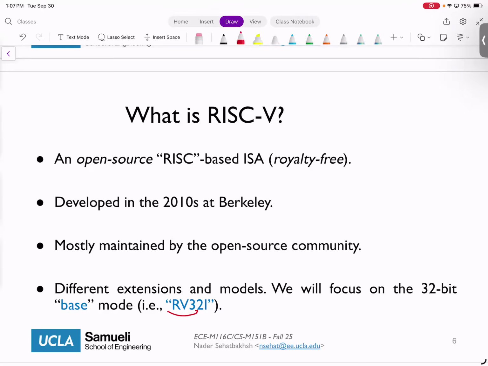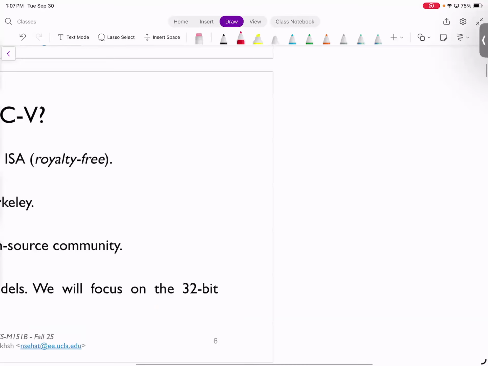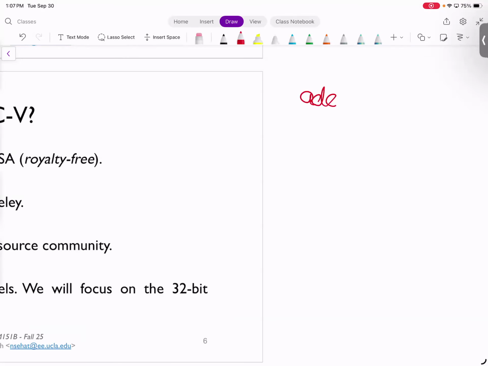And then there is a collection of instructions, okay? So for example, think about I have an add instruction and a multiply instruction and a load instruction and so on. One way of designing an ISA is combining all of them together and having support for all of them. Another way, which the RISC-V based approach follows, is taking a modular approach.